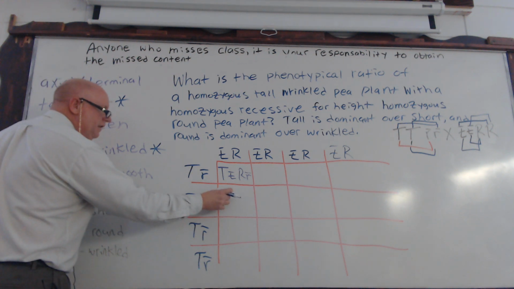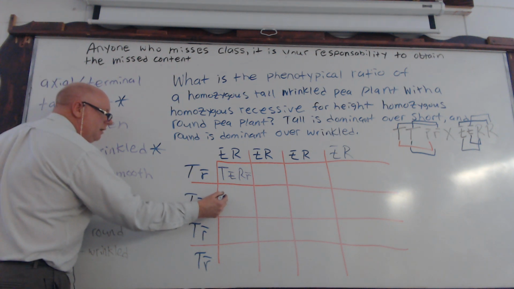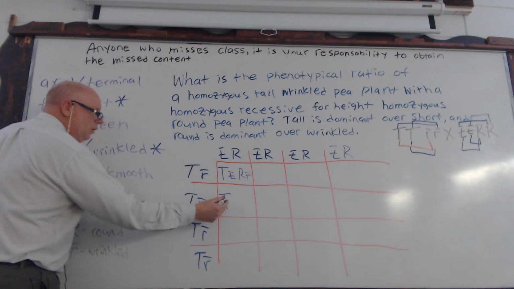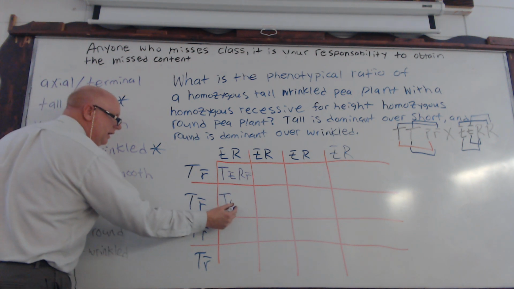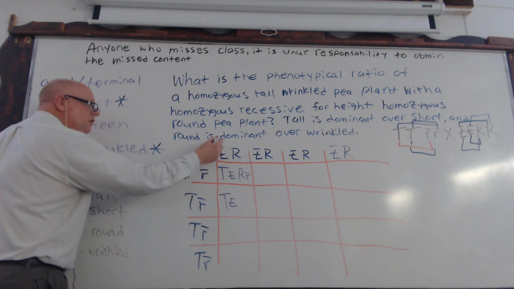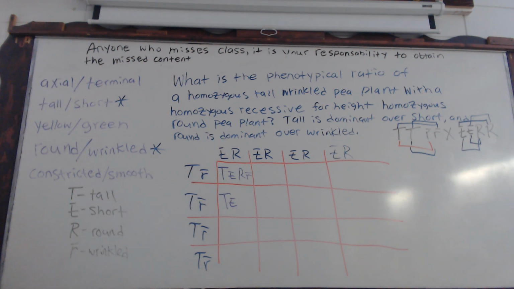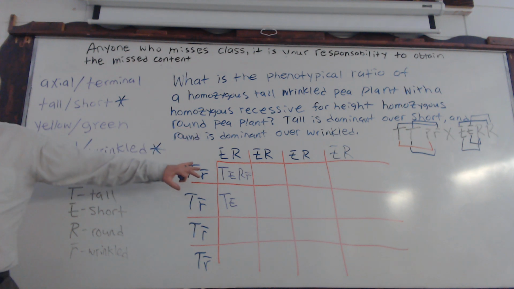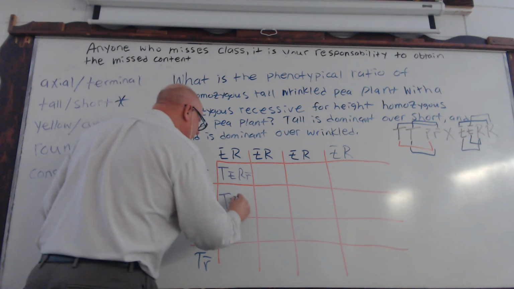Then what about in this box? Capital T and lowercase t. And if you put these lines over it, you don't have to, but it's sometimes useful to keep the dominant and recessive trait separate. Okay? Then what about our R's in here? Capital R and lowercase r.